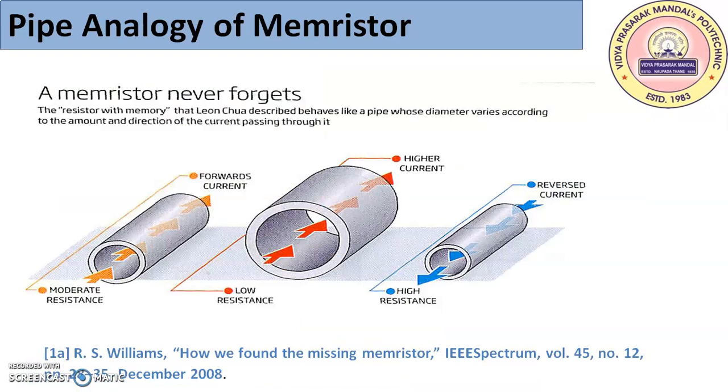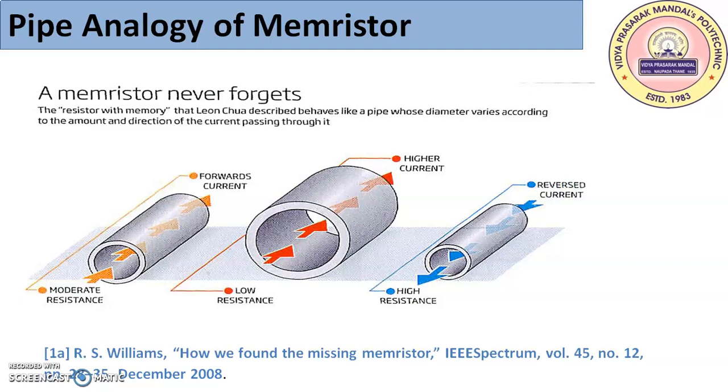Let us understand how memristor never forgets with a simple pipe analogy. Consider a normal resistor device as a pipe through which water flows. Consider water as electric charge. In the normal case, the pipe has a fixed diameter.